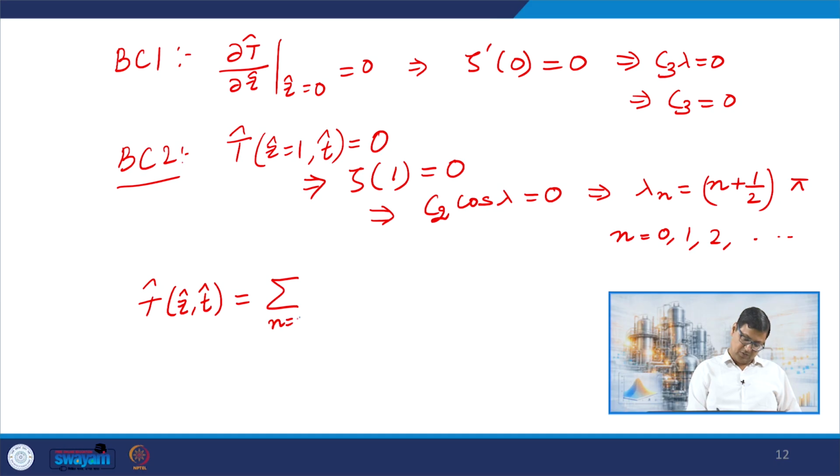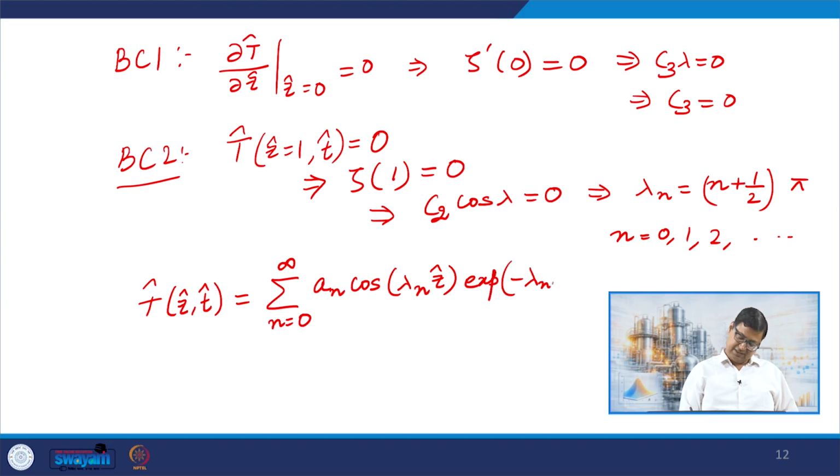Summation of n equal to 0 to infinity a n cos lambda n z cap exponential of minus lambda n square t cap. What has changed from the previous example is how I am evaluating this lambda n, right?